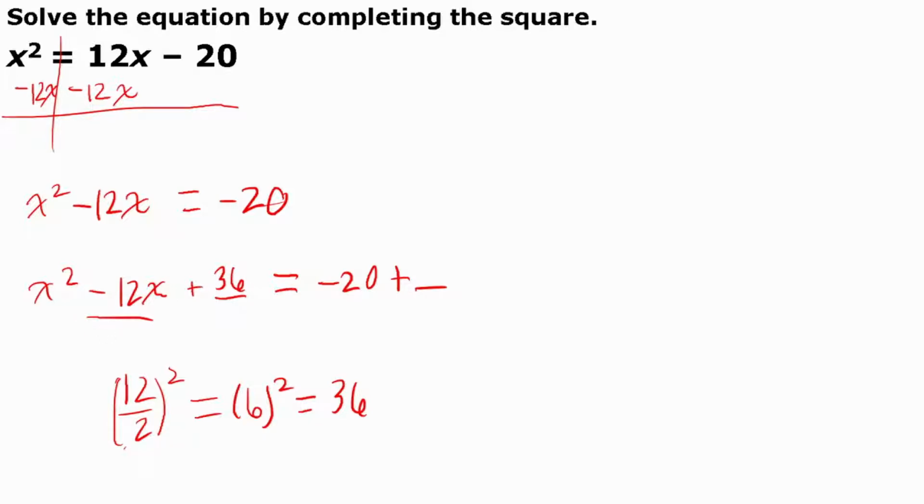This gives me my perfect trinomial here. And then on my right side, we add the 36. So if I want to simplify this equation, we could say x squared minus 12x plus 36 equals 16.